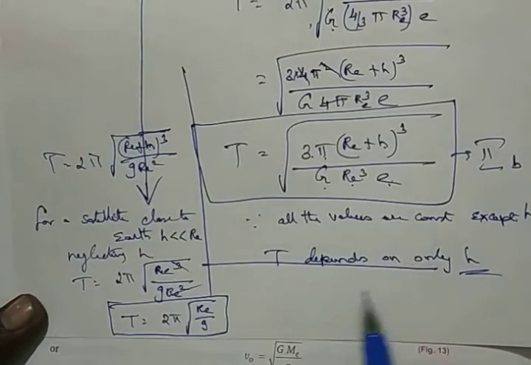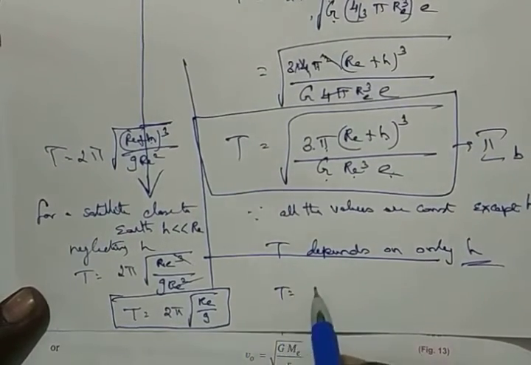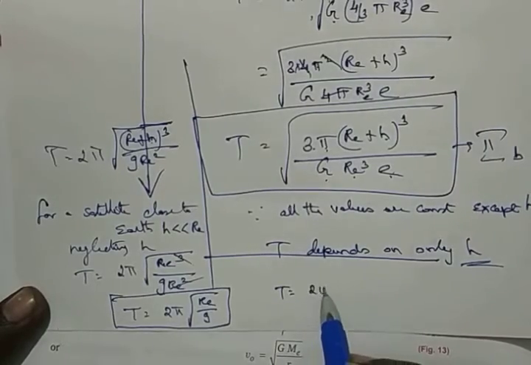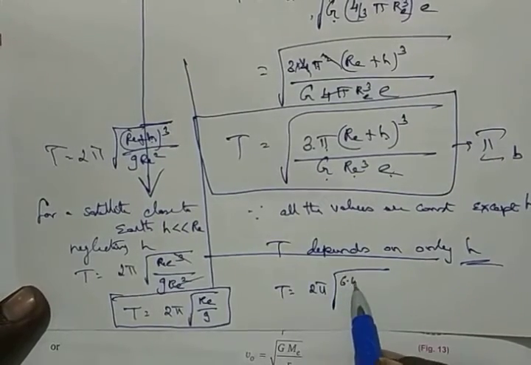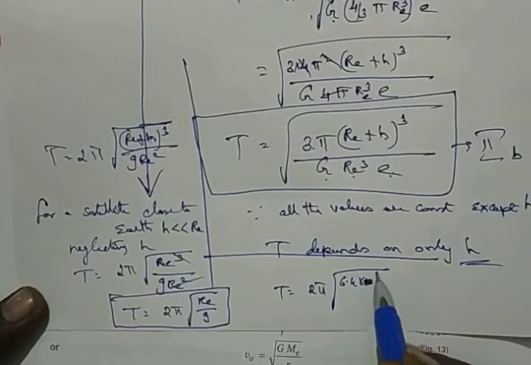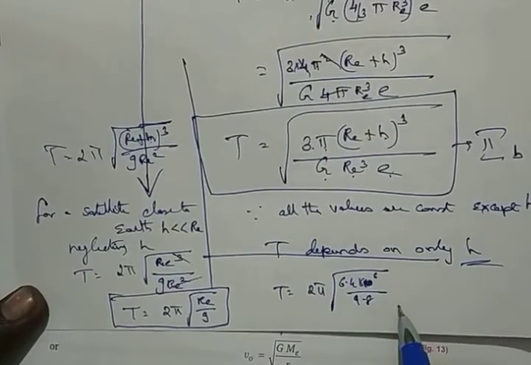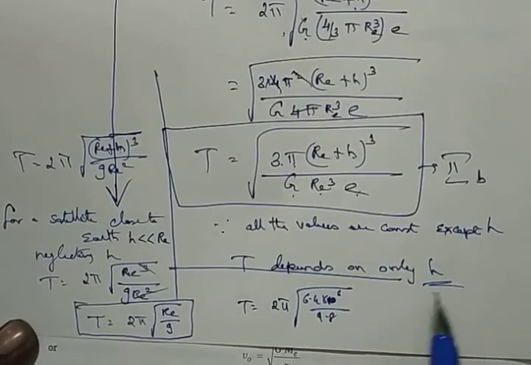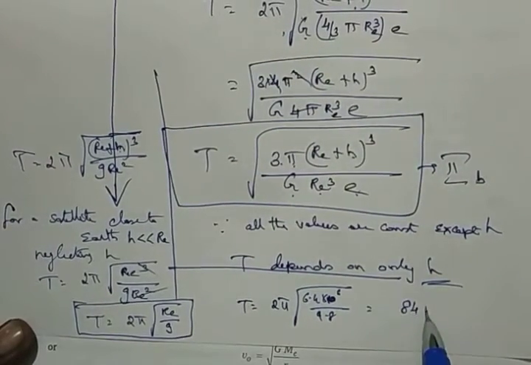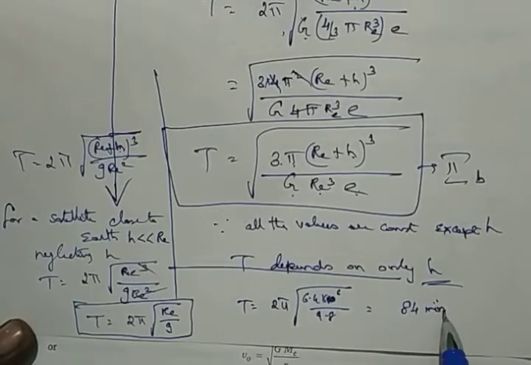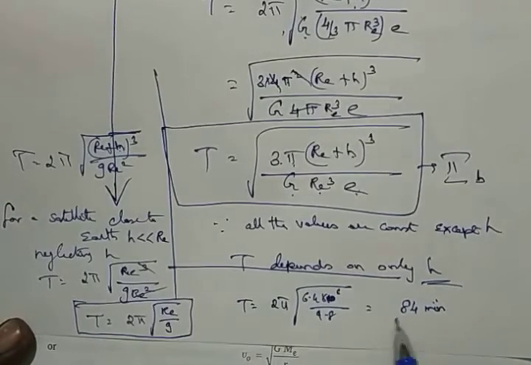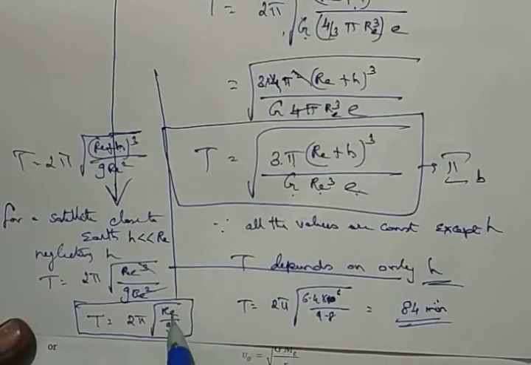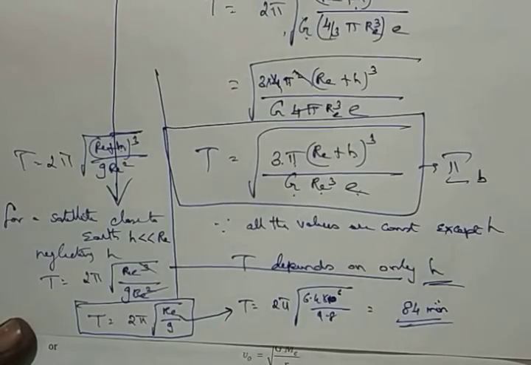If you want to substitute the value here, T is going to be equal to 2 pi into under root of 6.4 into 10 to the power of 6 upon 9.8. When you substitute this value, finally you will get this answer as 84 minutes. So what is this new format you are getting here?